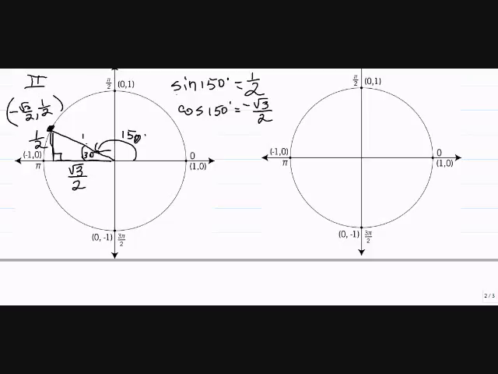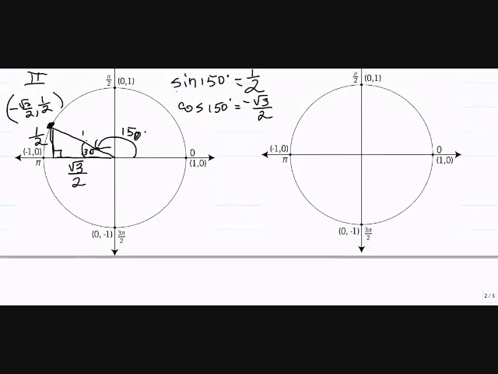All right. I'm going to do one that's going to be on an axis now. So let me trace out an angle of 90, 180, 270 degrees. When I trace out that angle, I'm talking about the negative side of the y-axis.